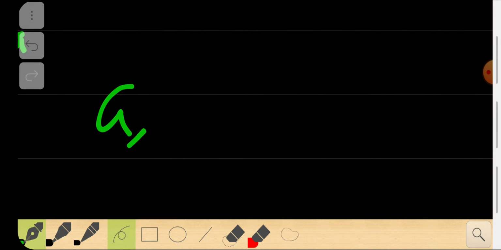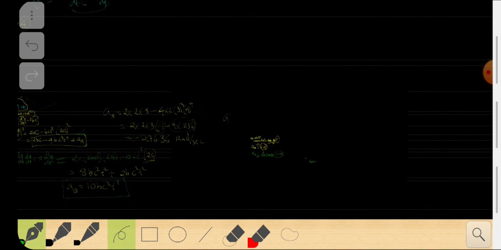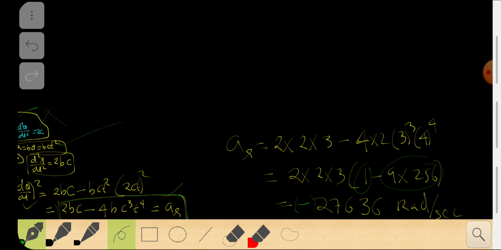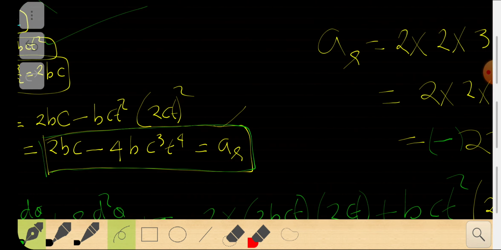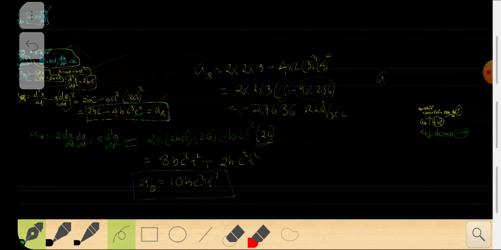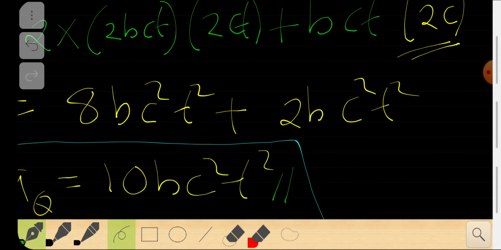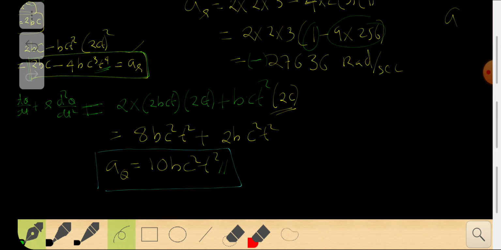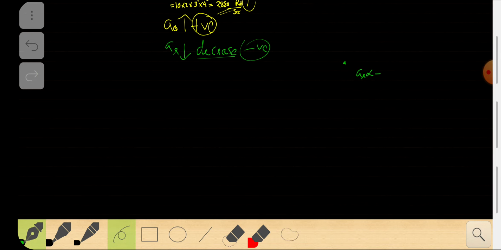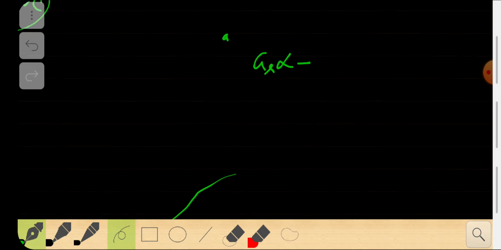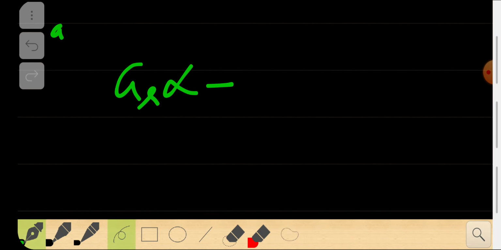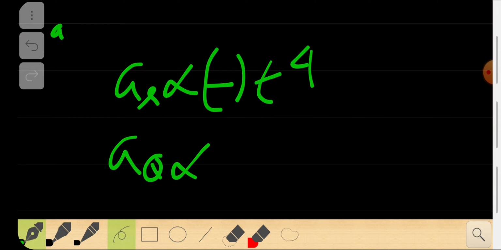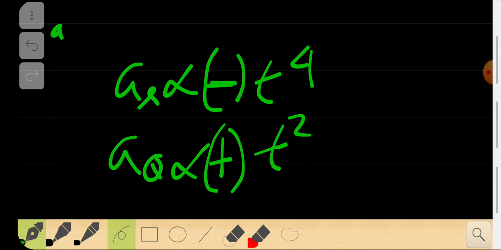AR is proportional to minus t raised to 4, so it's decreasing, and A theta is proportional to plus t square, so this is actually increasing.